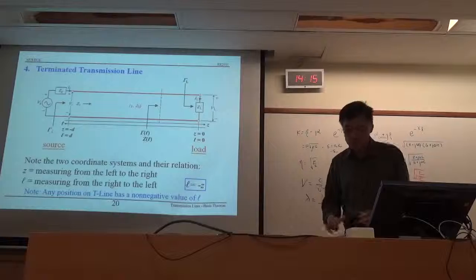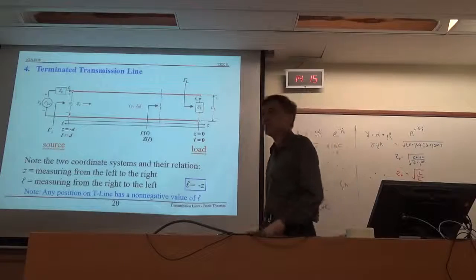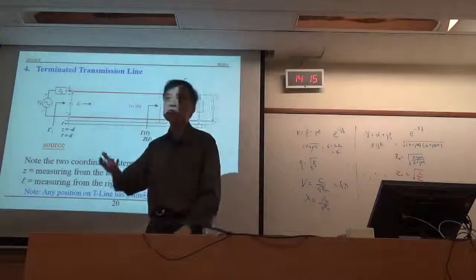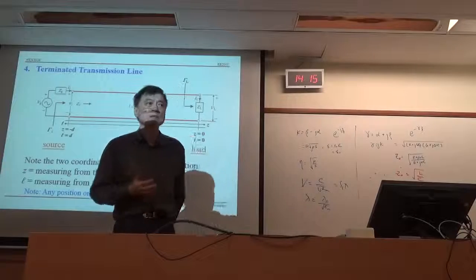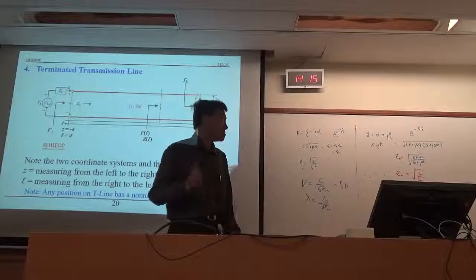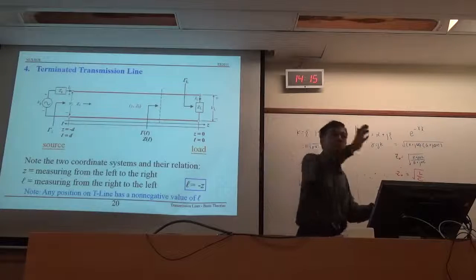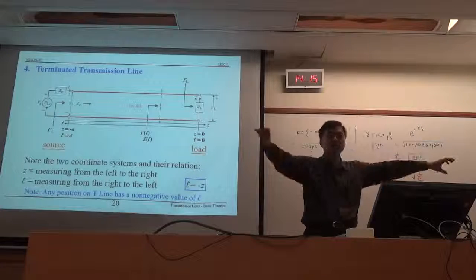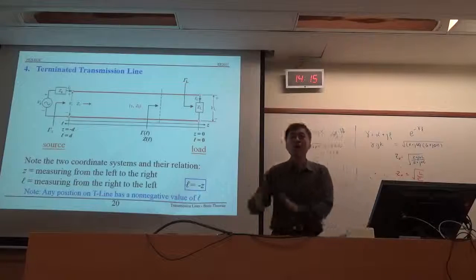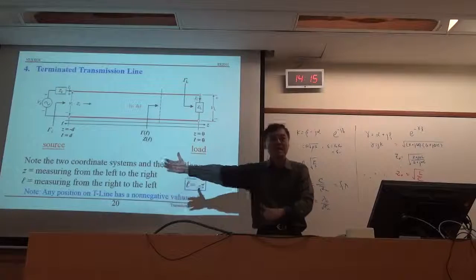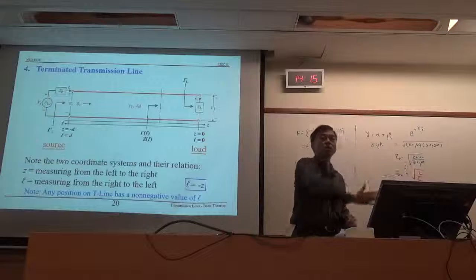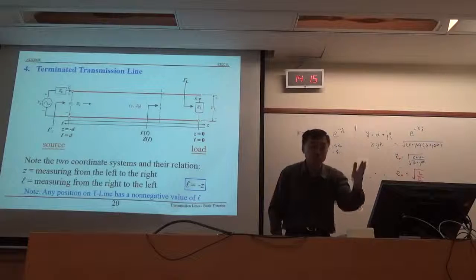Now, the next thing we want to do is to look at the terminated transmission line. What we have said so far is about a transmission line without termination, the infinite transmission line, or a plane wave propagating in free space without boundary.